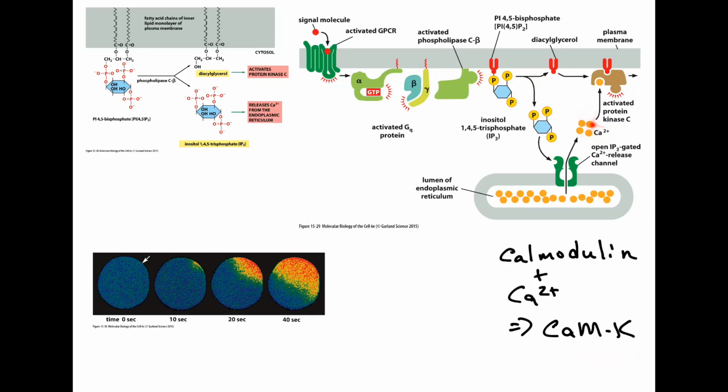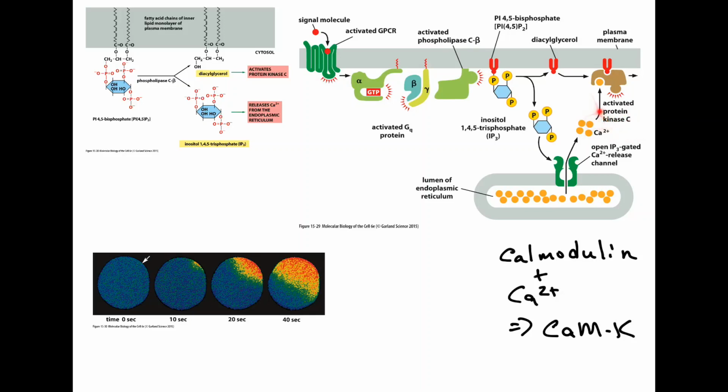Another effect of that elevated calcium is activation of a different protein kinase. This one is protein kinase C. Now you can think of the C as being for calcium. What's happening here is the calcium is binding to a subunit of protein kinase C that was previously inactive and floating around out here in the cytoplasm.